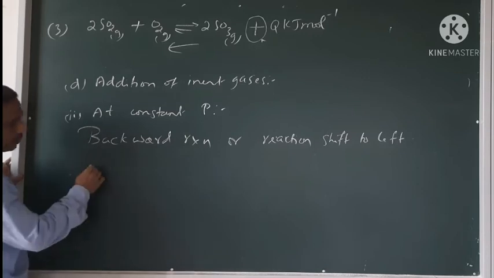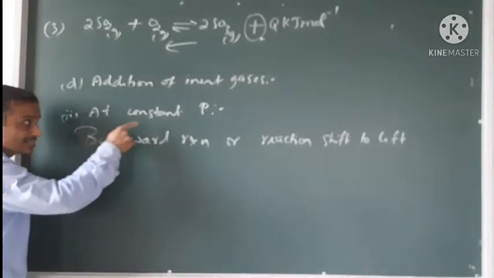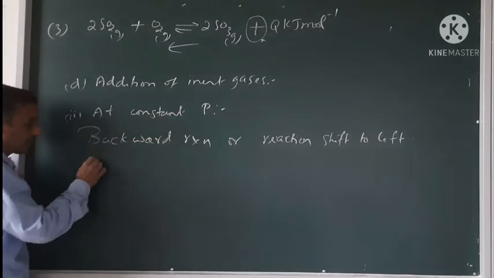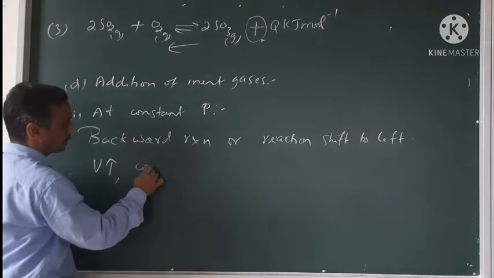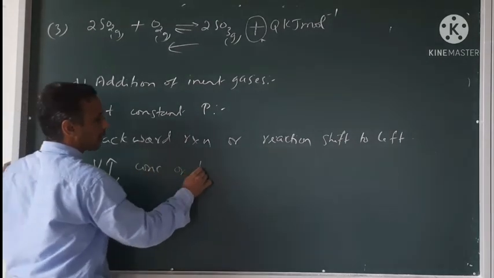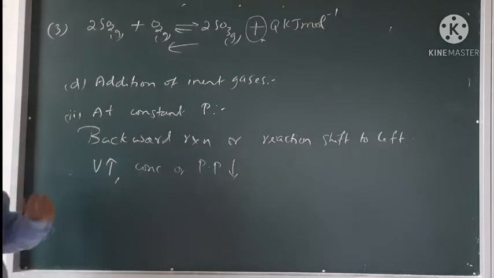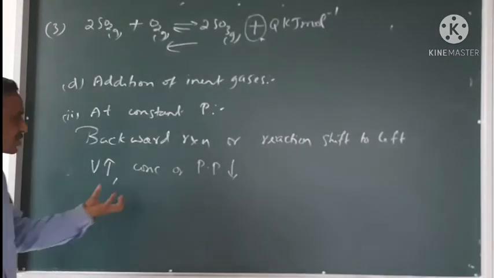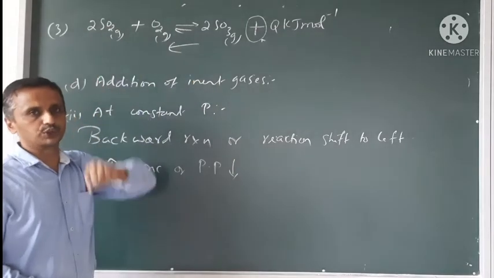Why? As the pressure is constant, the volume increases, so the concentration or partial pressure decreases. So the reaction tries to increase this concentration or partial pressure by increasing the number of moles.